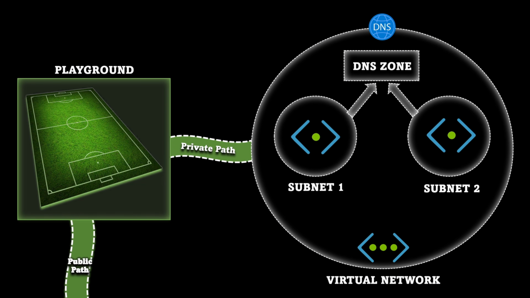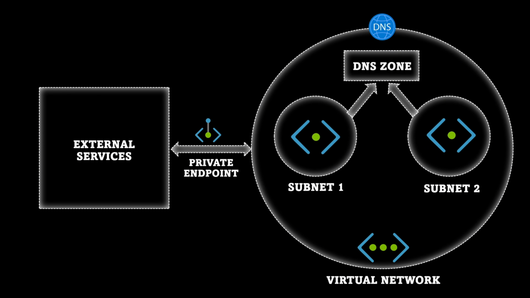So here in this diagram, we can replace this private path with private endpoint. So basically, this private endpoint is used to communicate privately with any external services without exposing to the public internet. So remember the playground in the analogy, right? This represents any external services like an on-prem SQL Server database or any cloud-based service like Azure Storage Account, Azure SQL DB, or even the Databricks control plane.